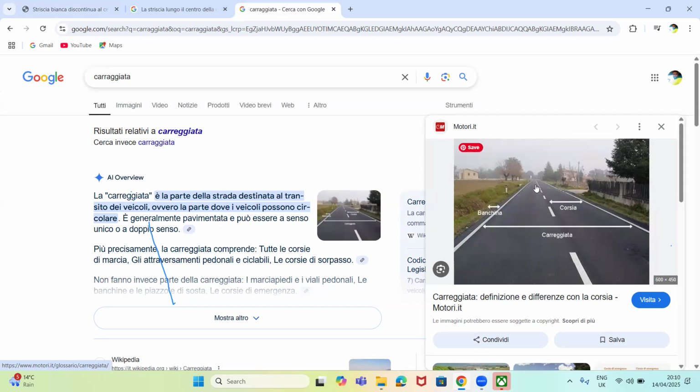What is the corsia? From the borderline to the discontinuous line. These are all the corsie. This discontinuous line here helps to represent where you find the corsia. Don't forget that now. Let's continue.